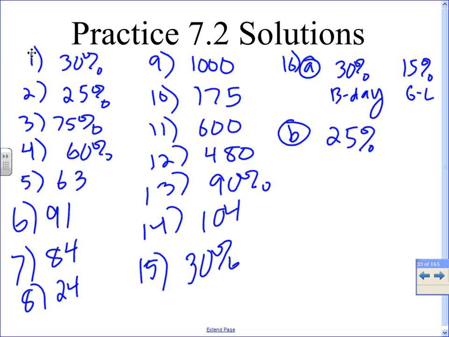Okay, so you just need to remember part over whole equals percent over 100, or is over of equals percent over 100. So number 1 should have been 21 over 70 equals P over 100. Number 2 should be 12 over 48 equals P over 100.